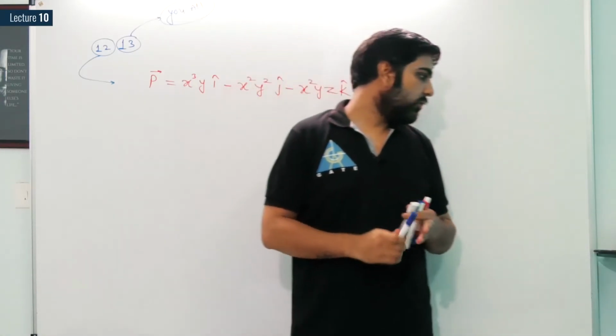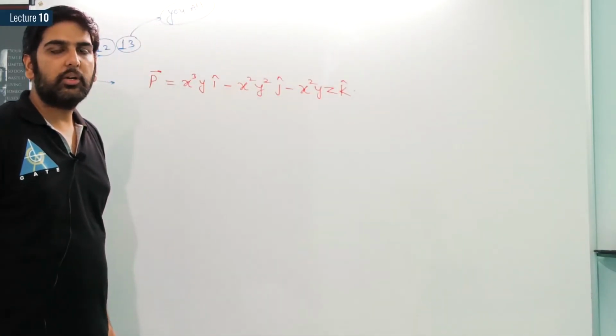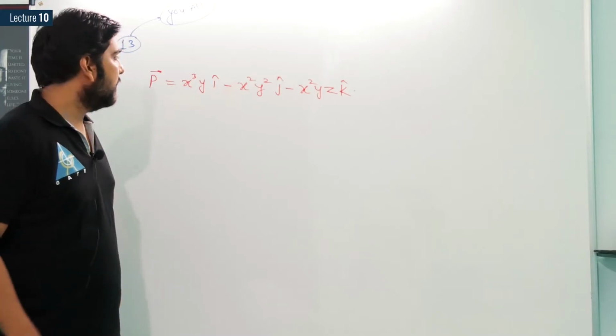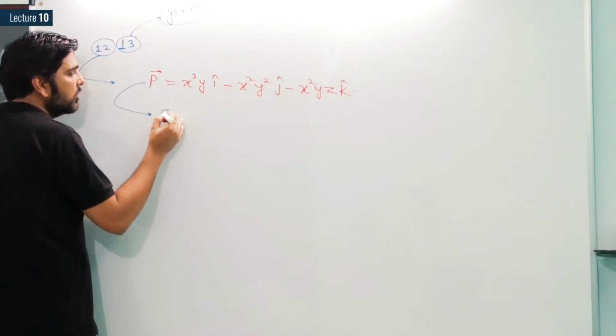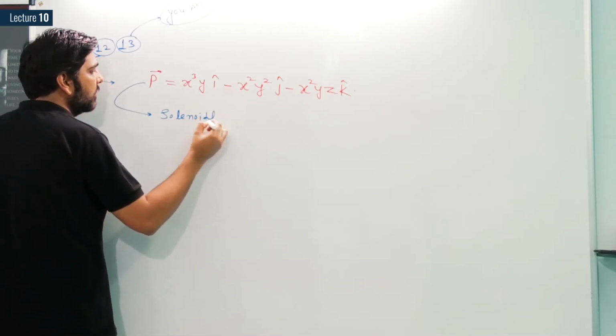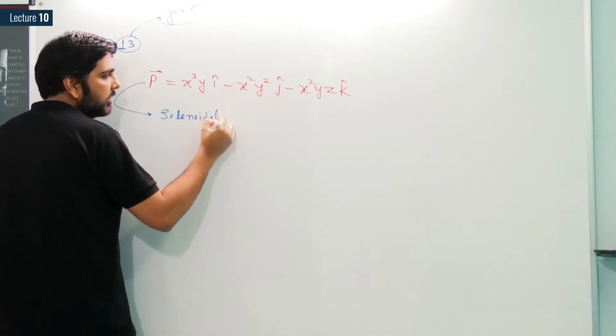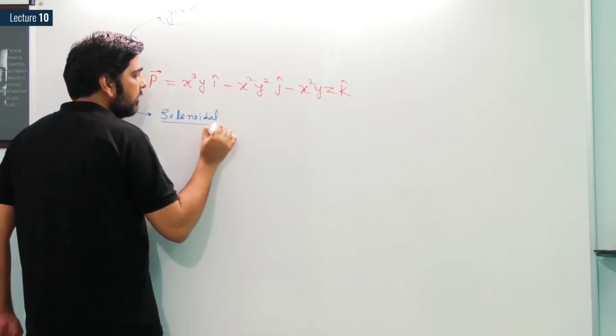Fine. So which of the following statements is true? There are two terms, solenoidal and irrotational, so we need to check the divergence and curl. So my dear students, for solenoidal, what is the case of solenoidal? This question is asked in our GATE 2014-15. So what do we mean by solenoidal?